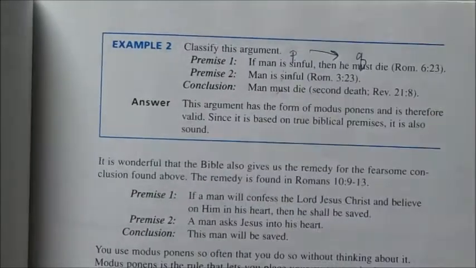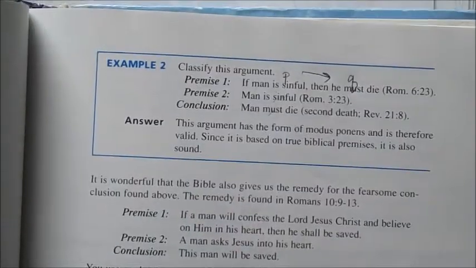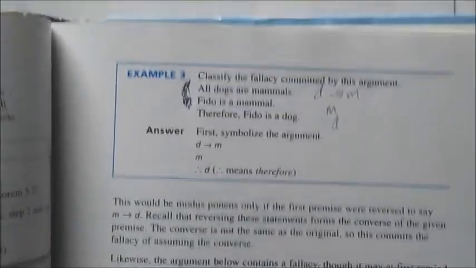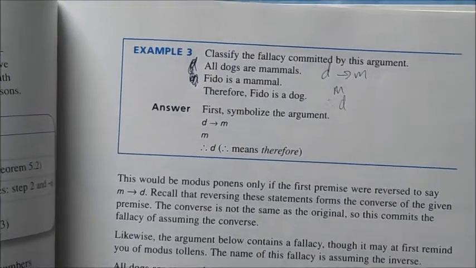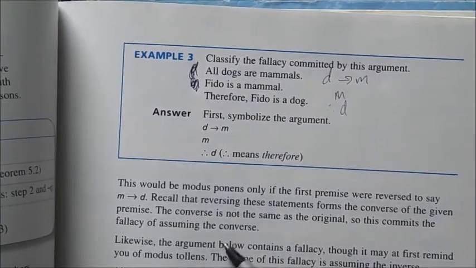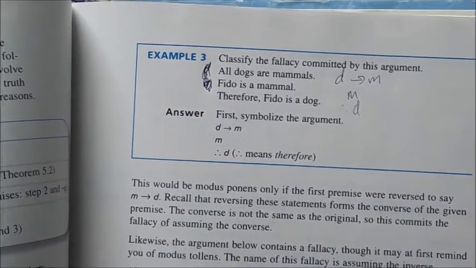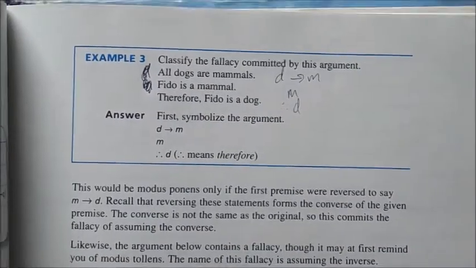So you switch the P and the Q. When that happens, it says this is the fallacy of assuming the converse. So hopefully that one made sense.